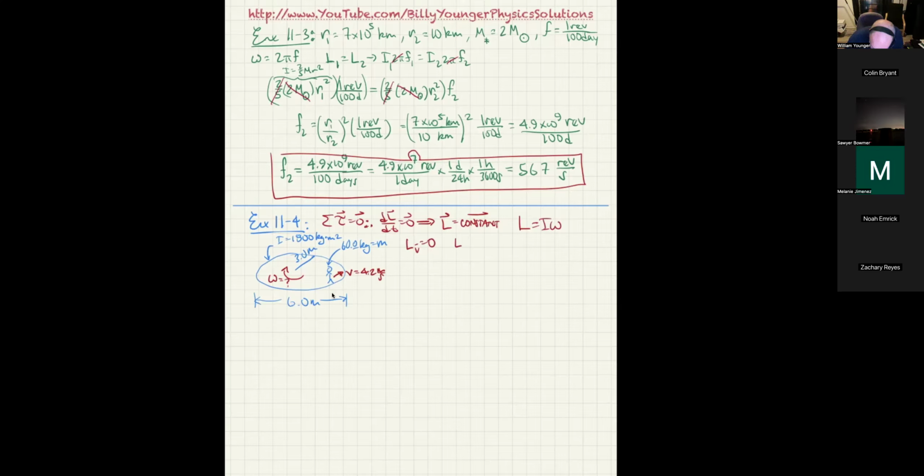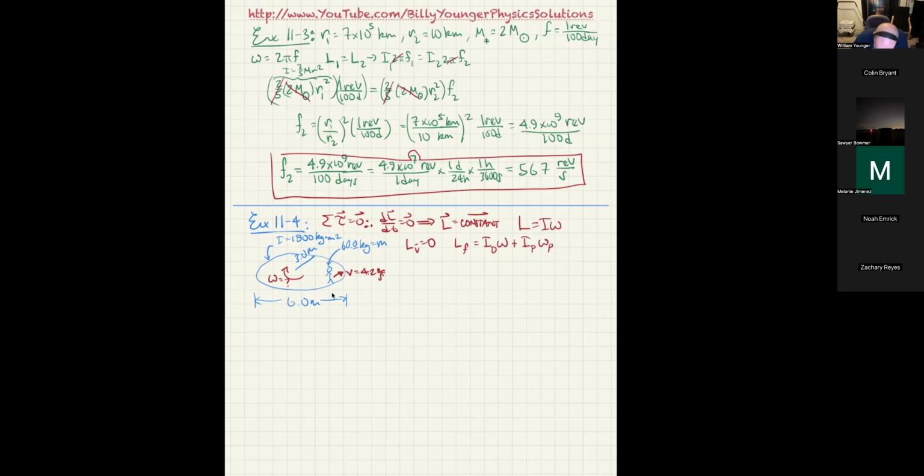So the final angular momentum, L_F, is going to be the moment of inertia of the disk, so that's I disk times omega, plus the moment of inertia of the person, so I_P times omega_p.